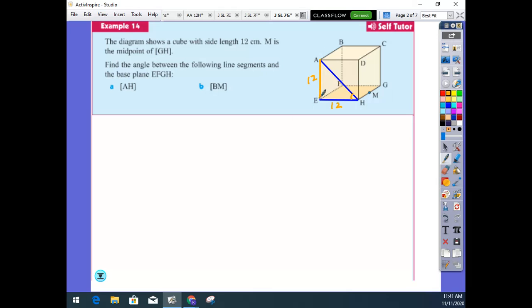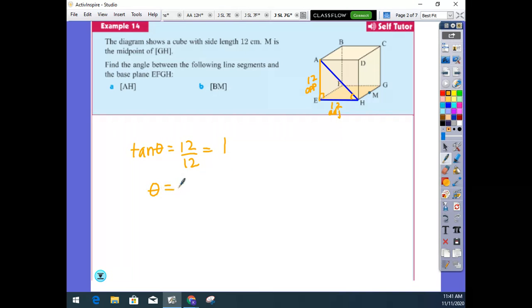In this particular projection, this is on the front face of the cube, so that's a right angle. So in my right triangle, this is my opposite and my adjacent. Tangent of my angle equals 12 over 12, which is just 1.